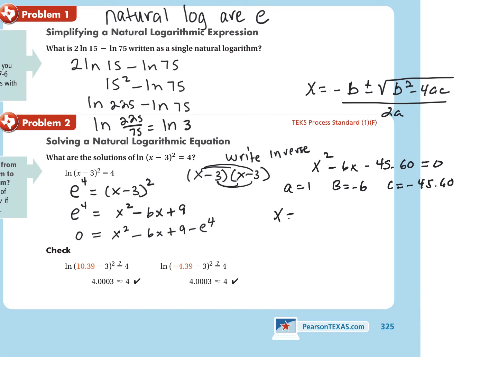So we have x equals 6 plus or minus square root. And then, of course, we have the discriminant, which is negative 6 squared minus 4 times 1 times negative 45.60. 2 times 1 is 2.